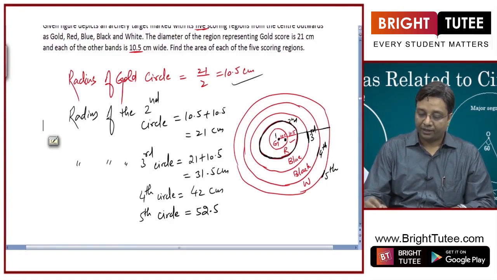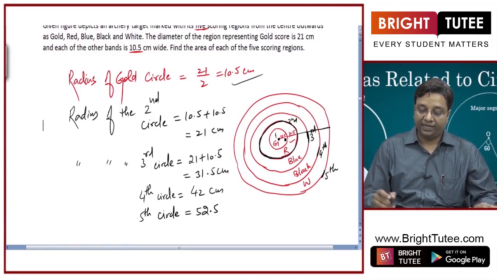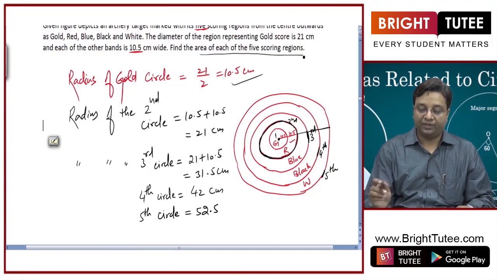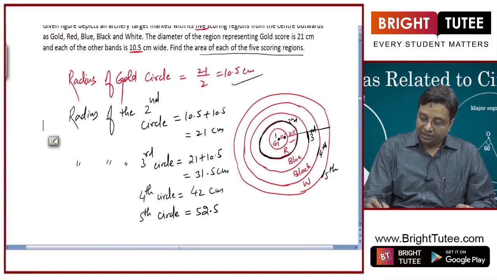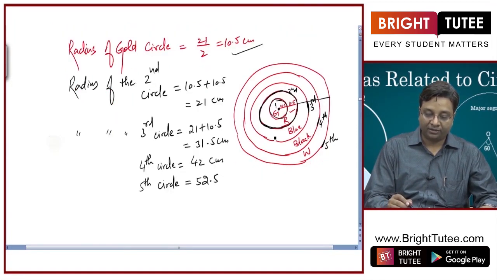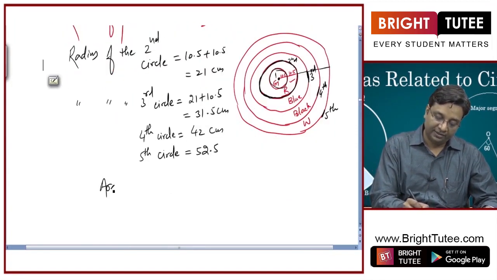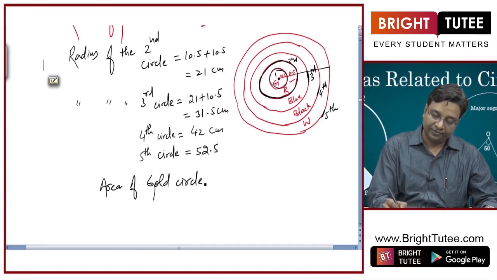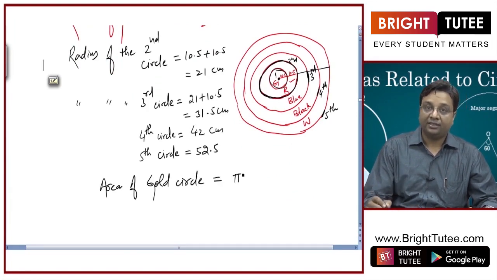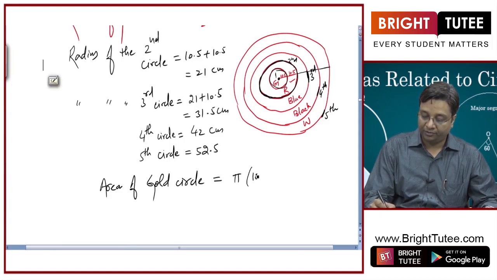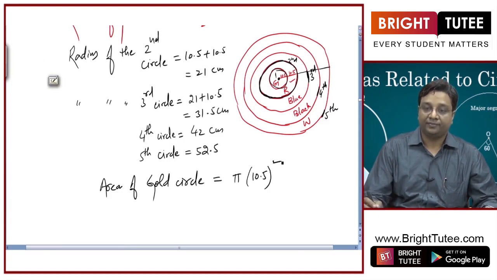Now we need to find area of each of 5 scoring regions. To find the area of gold circle, I just need to do pi r square. Area of gold circle is equal to pi r square, which is 10.5 squared, right?